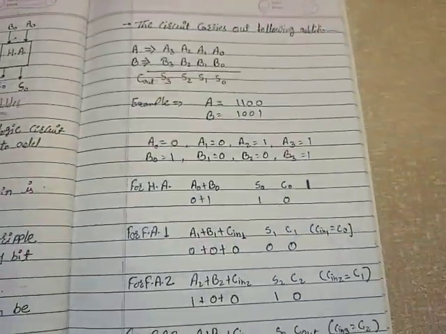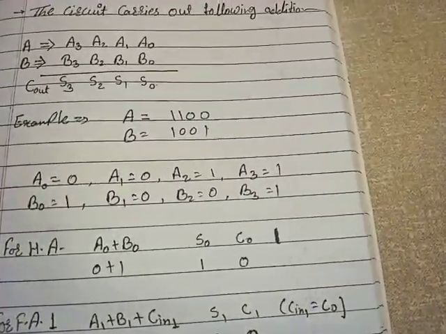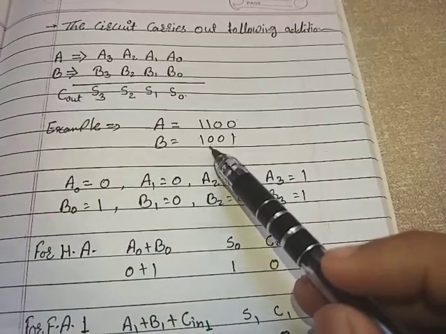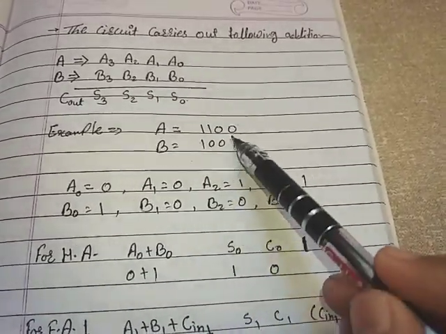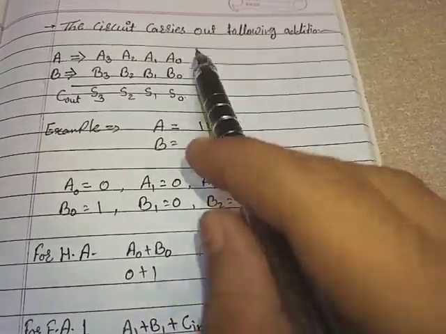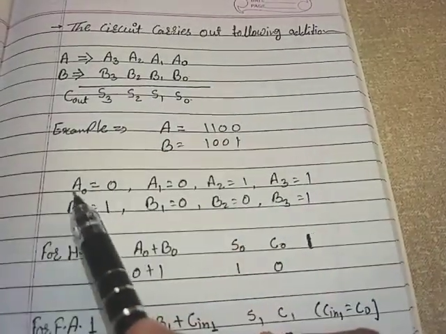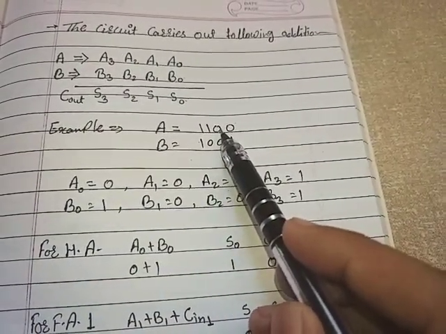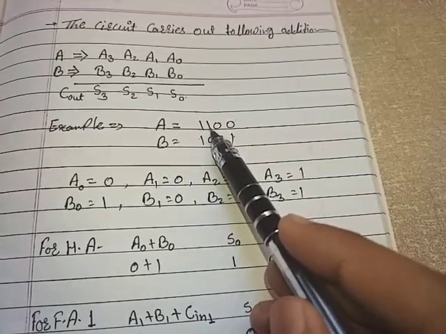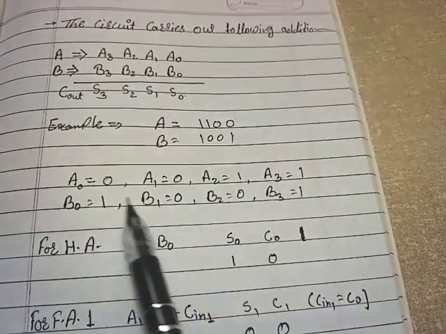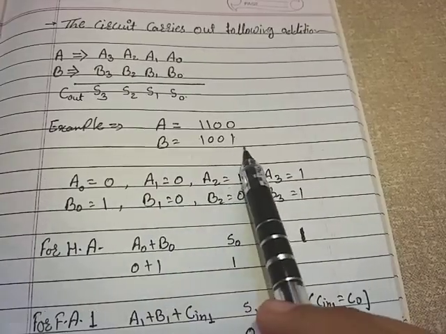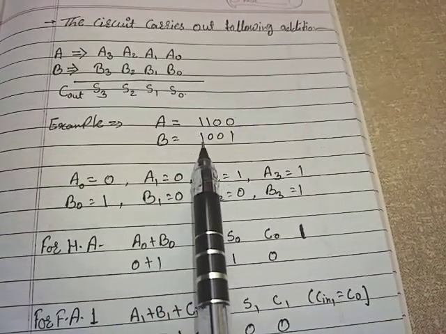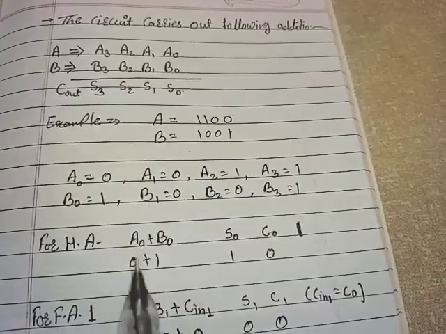Now let's take an example. Suppose A is equal to 1100 and B is equal to 1001. On comparing, we get A0 is equal to 0, A1 is equal to 0, A2 is equal to 1 and A3 is equal to 1. Similarly, B0 is equal to 1, B1 is equal to 0, B2 is equal to 0 and B3 is equal to 1.